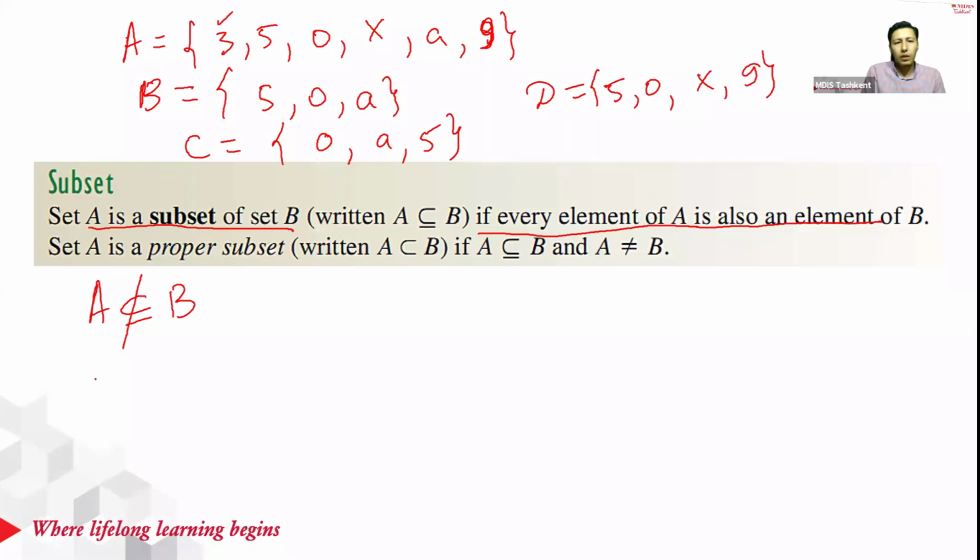Now B. Is it a subset of A? Every element of B: 5. Do we have 5 in A? Yes. 0, we have. a, we have. You see, every element of B is also an element of A. Therefore, it is a subset.